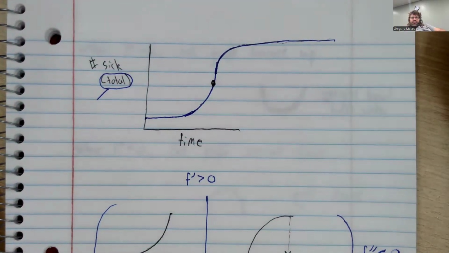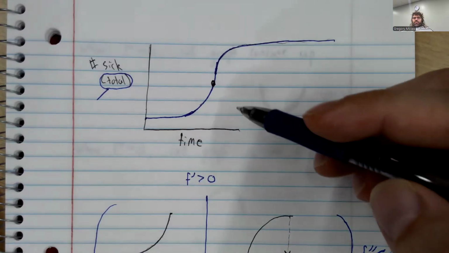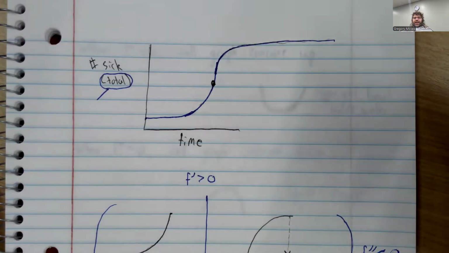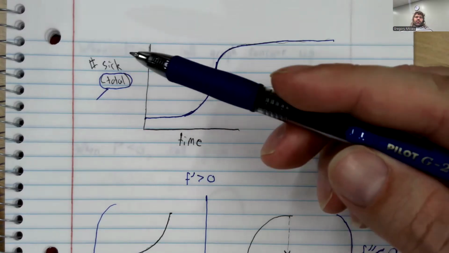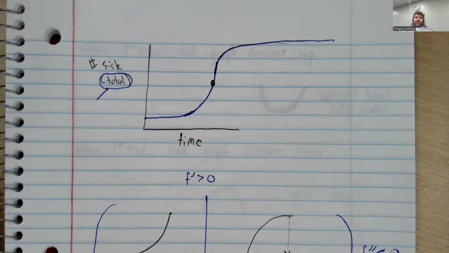So I tried to provide some motivation for the second derivative by looking at a graph, time versus the number of people who have become sick during an epidemic.